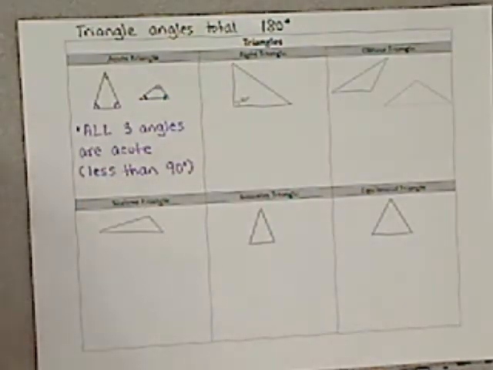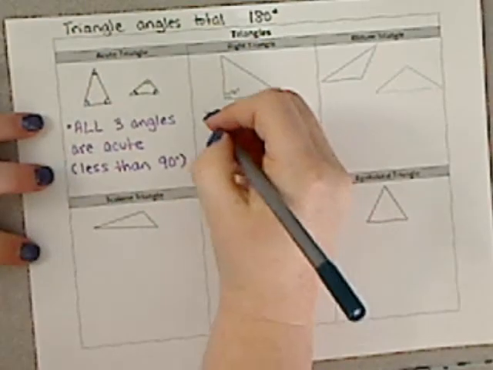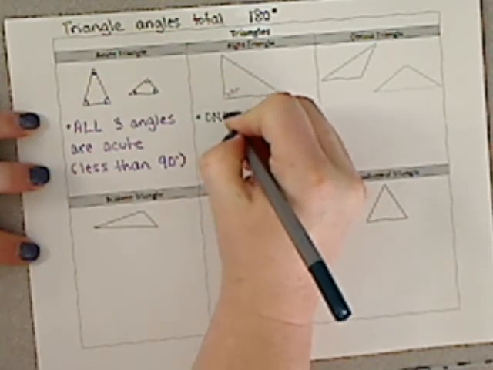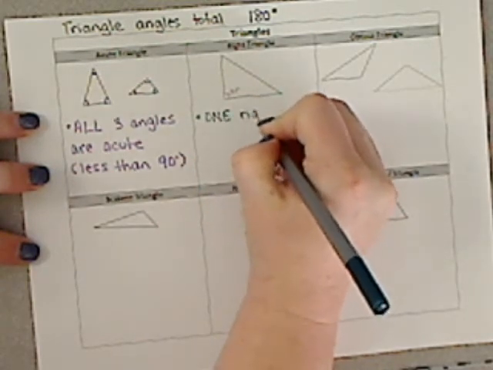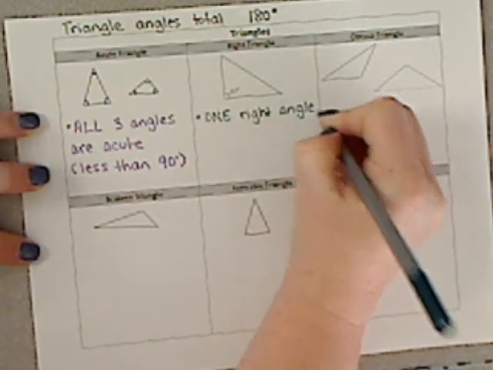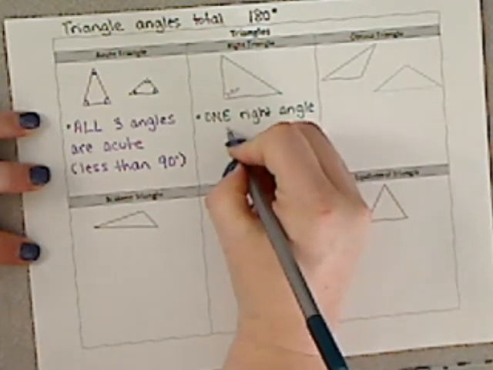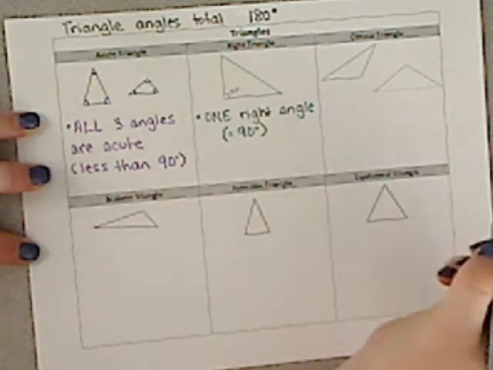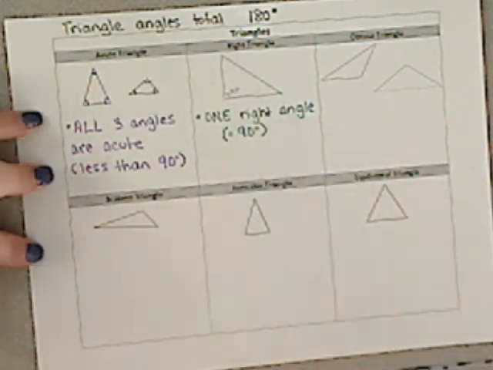Now let's take a look at a right triangle. A right triangle has one right angle. So that means that it equals 90 degrees. Now, here's the thing.